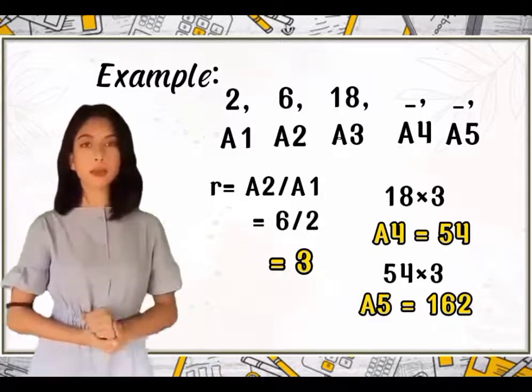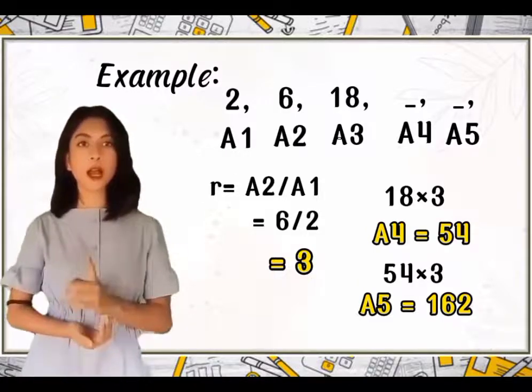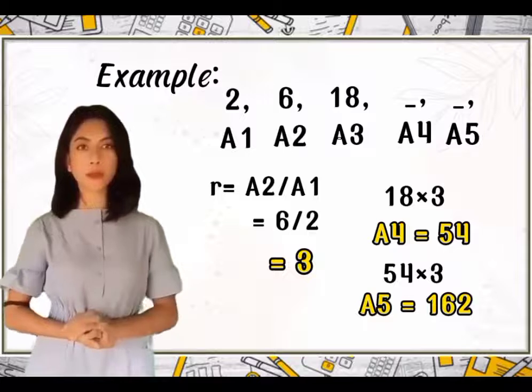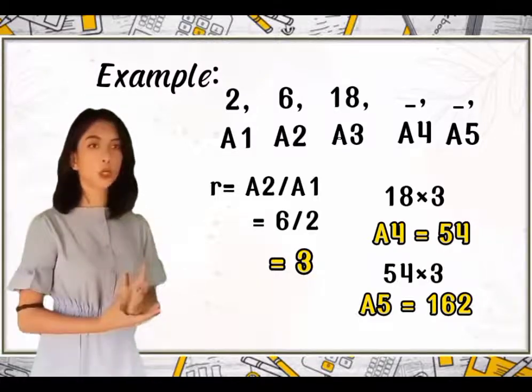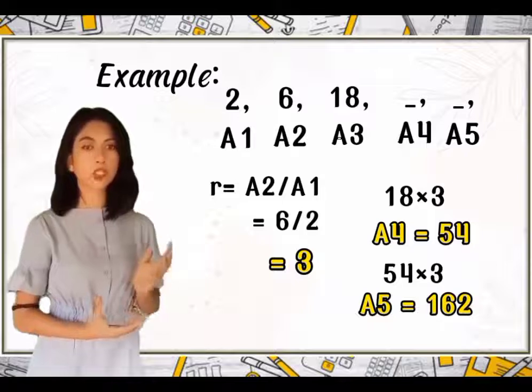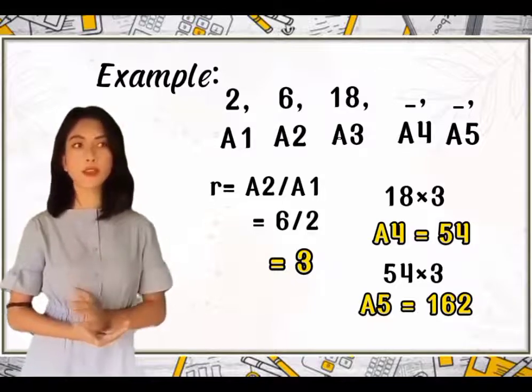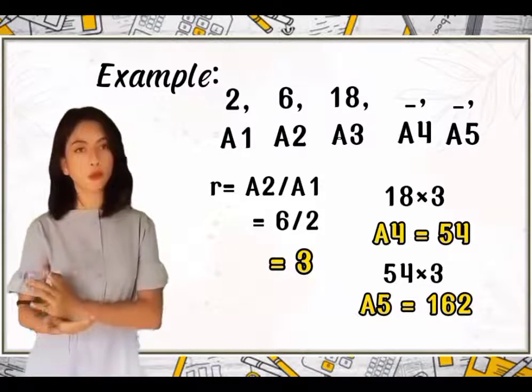Our formula for the common ratio is R equals A2 divided by A1. This is the common ratio that lets us find the next terms. We just multiply the common ratio to the previous term.